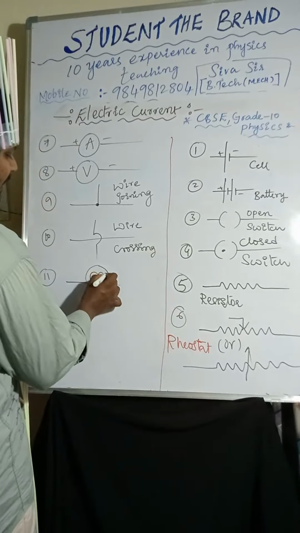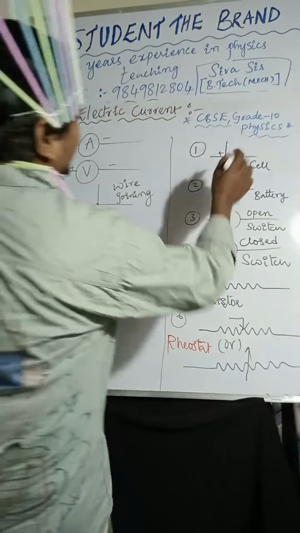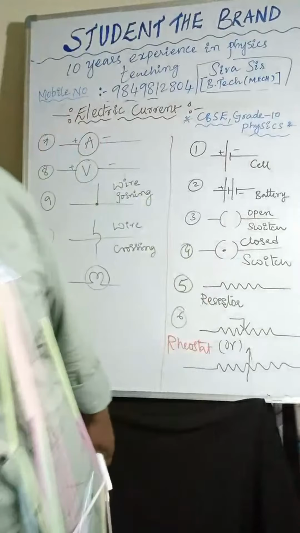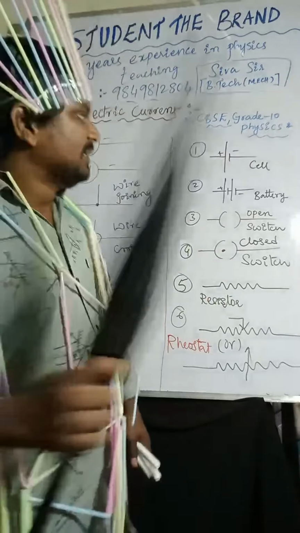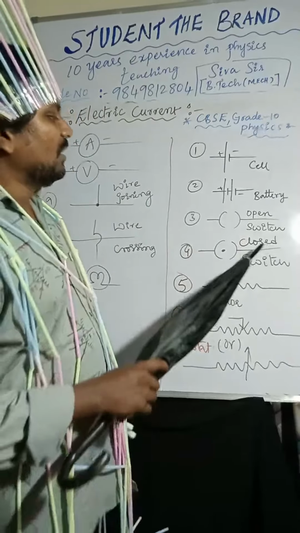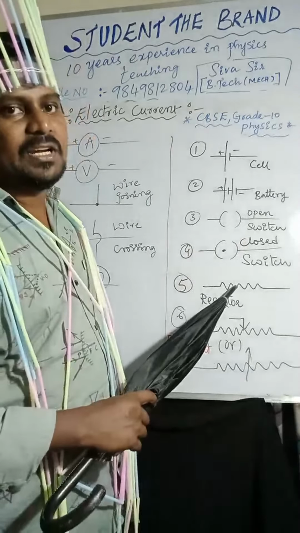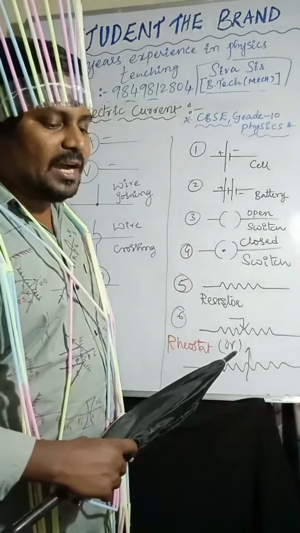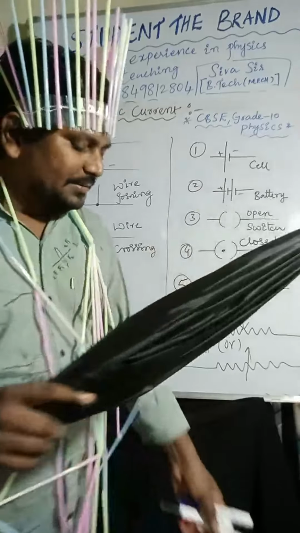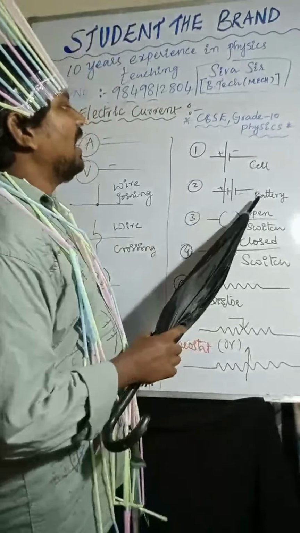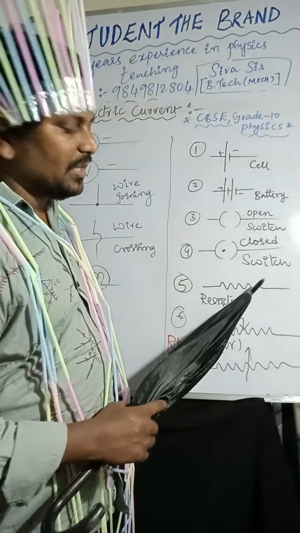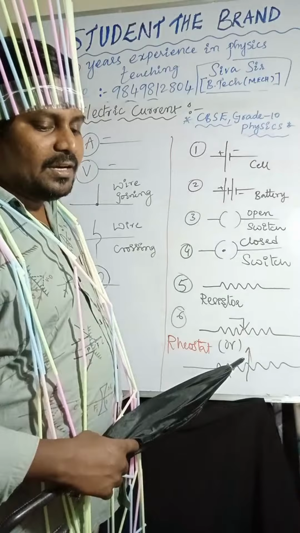Electrical bulb. So cell, battery, open switch, closed switch, resistor, rheostat. Once again, cell, battery, open switch, closed switch, resistor, rheostat.